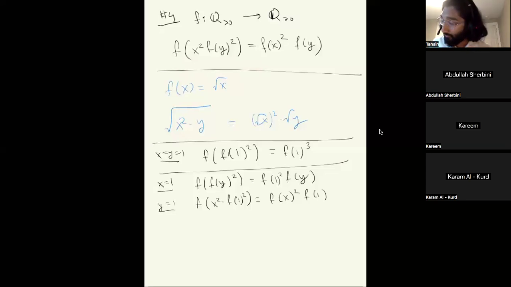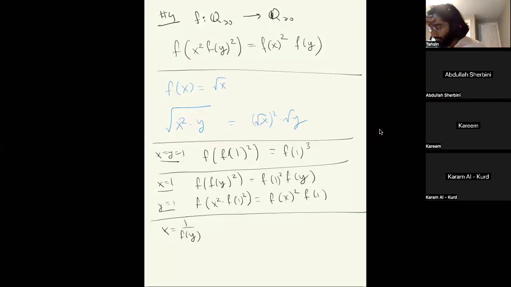One way to simplify is, I see this x squared f of y squared, and I can make it simpler by saying x equals 1 over f of y. Then at least the left-hand side is something a little more manageable.